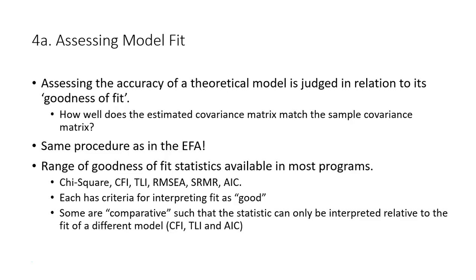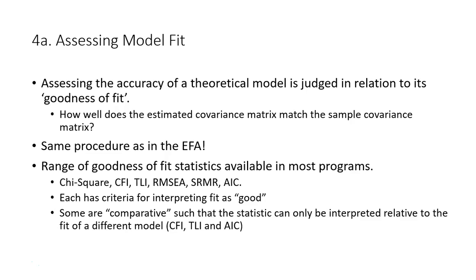So a chi-square, because you may recall even from intro stats, is in fact a statistic which reflects the deviation from an observed to an expected statistic. And so chi-square is the gold standard of a fit statistic, but the problem is it's very, very sensitive to sample size.